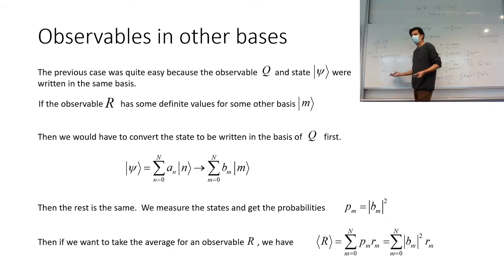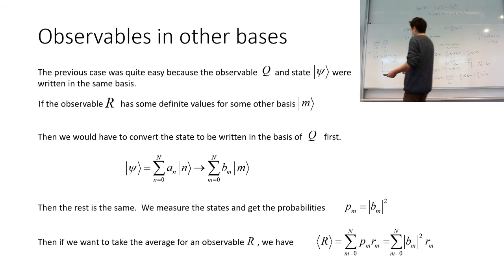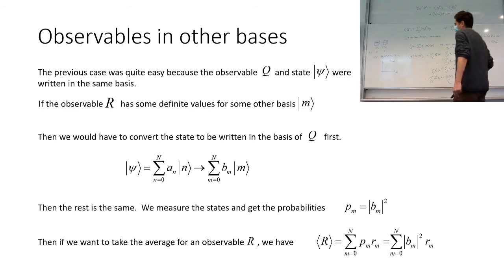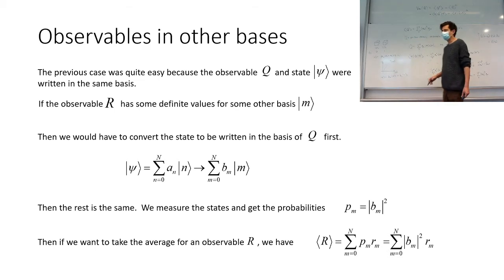But maybe I could have chosen to write my state in a different basis where my axes were all different. For the 2-qubit example, I could have written this in terms of some other bases, like the plus minus basis for a qubit.